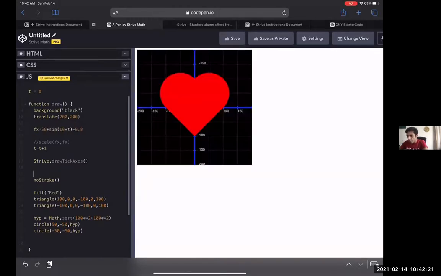Let's see if we can change one of the coordinates on f of x. Let's change this one also. No, let's not change this one. 100. Let's change the circle location. f of x and f of x. So now my hearts will be moving.